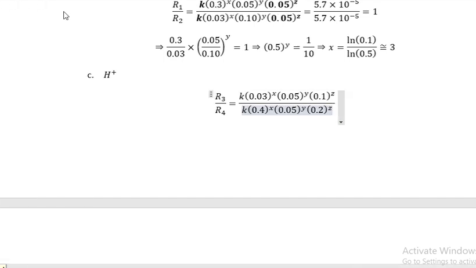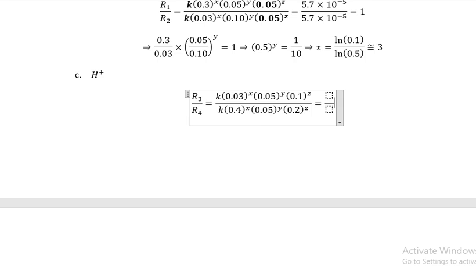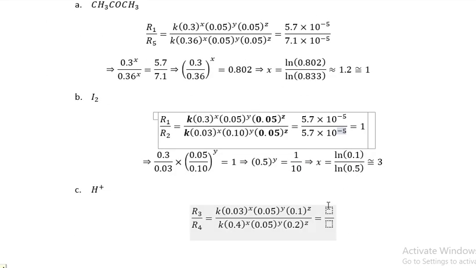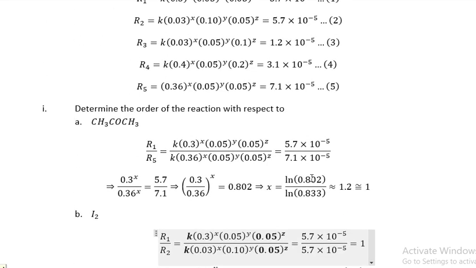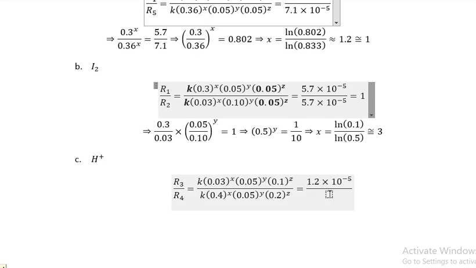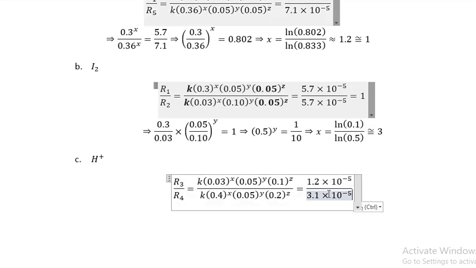In actual sense, rate 3 is given by this, and rate 4 is given by this. Okay, so K is going to cancel with K. This term is going to cancel with this other term.